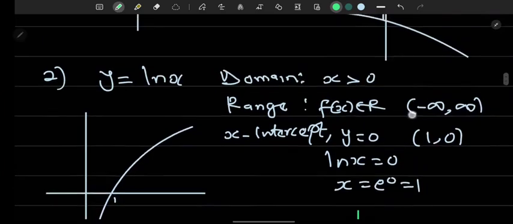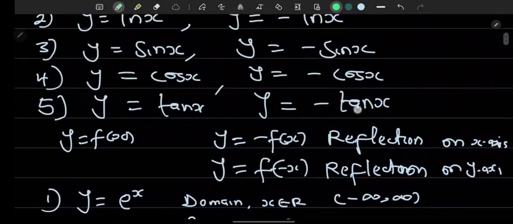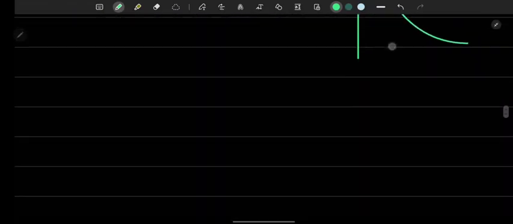So let's consider one of these three functions that we have here, which is sine x and minus sine x. That was number 3. Okay, y equals sine x.